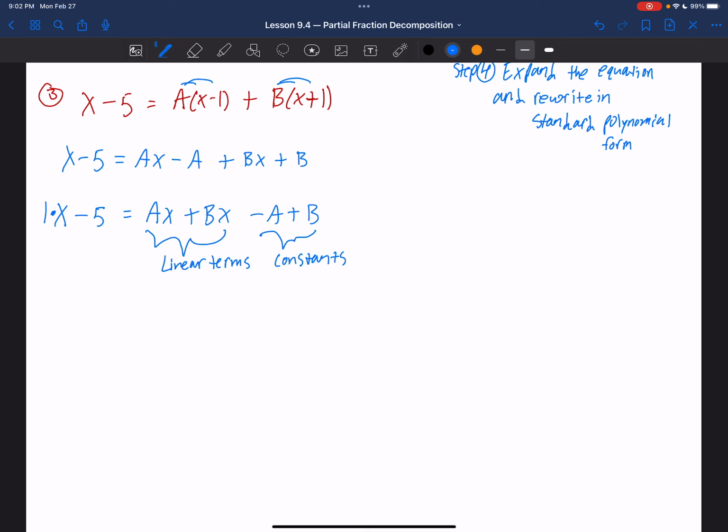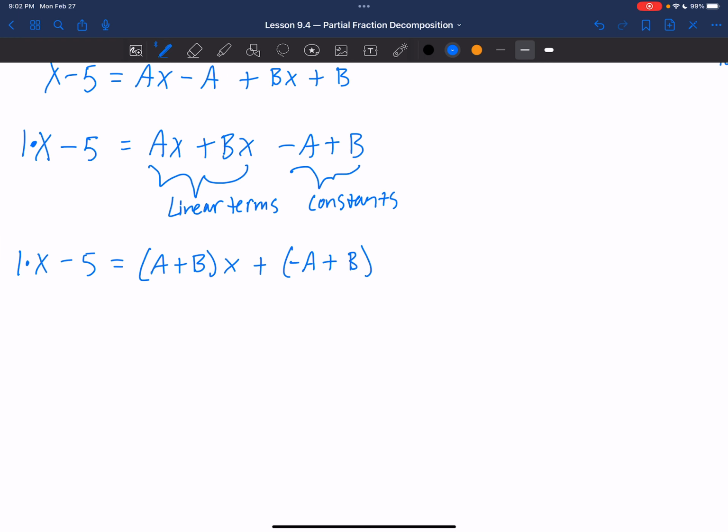Okay? So, if I factor out your x, right? So this is 1 times x minus 5 equals, factor out x, a plus b times x. I've written x to the right rather than to the left, but you can write it either way, it's fine. And then plus, your constants are negative a plus b.